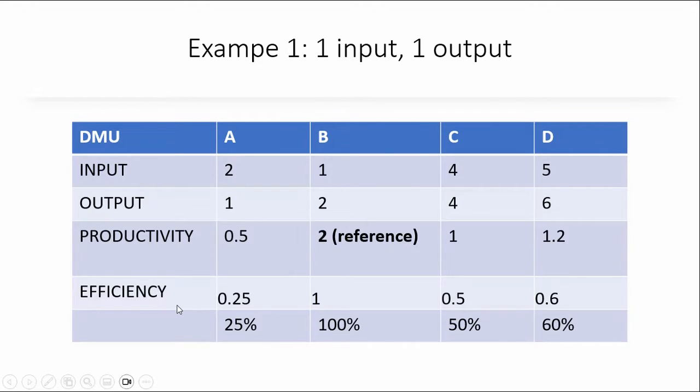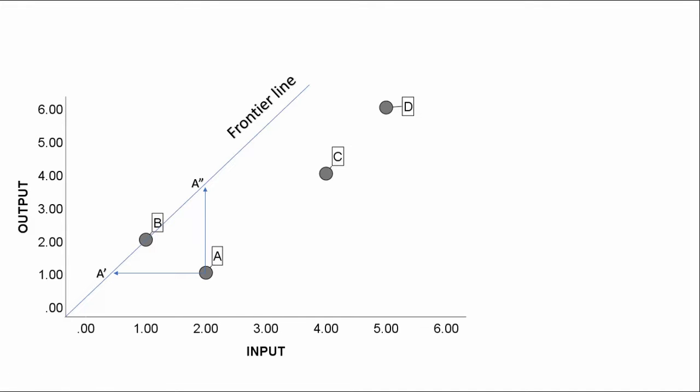The efficiency is its productivity divided by the reference. So we get the efficiency for every DMU like this. If we plot the input and output in a graph, we get this, and the reference is B.